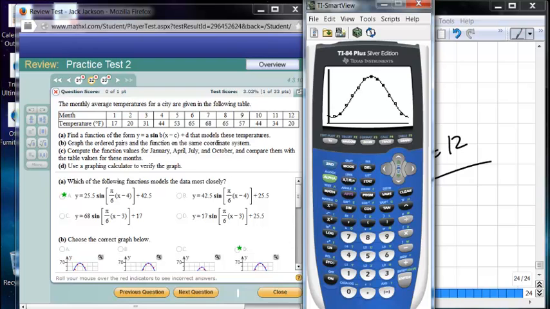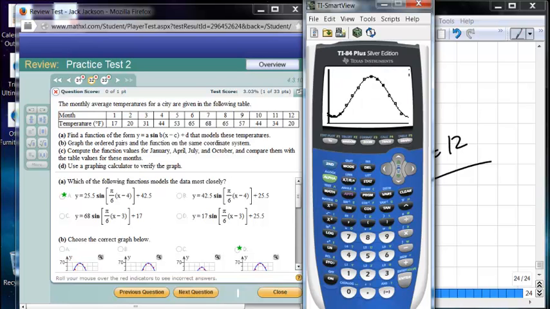Okay, so let's plot the one that they wanted us to use, which is 25.5 sine of pi over 6 times (x minus 4), close another parenthesis, plus 42.5, and I'm going to make that one, when I look at the picture here, I'm going to move over here and hit enter there, and that's going to make that a dark line when I graph it.